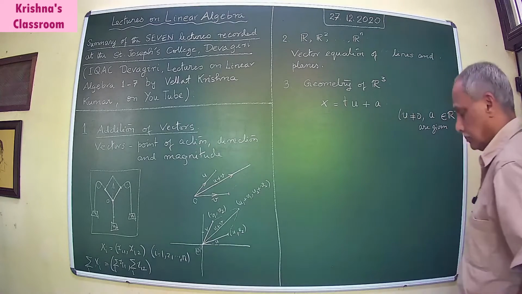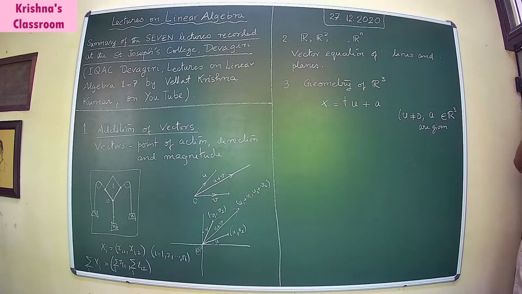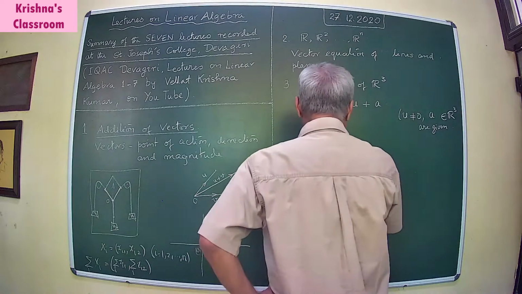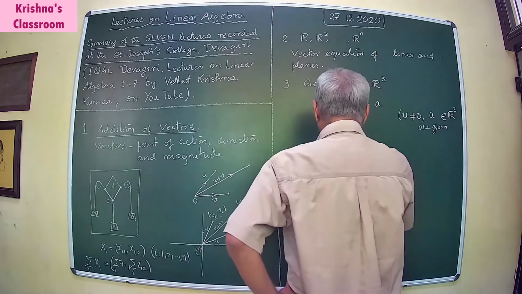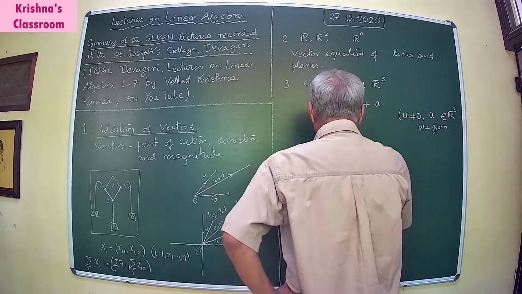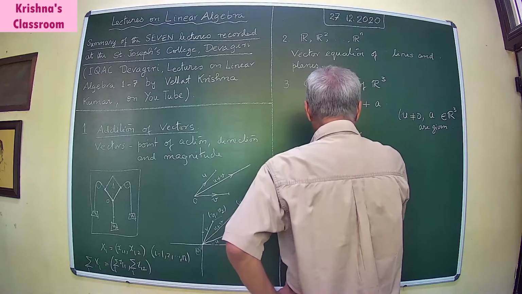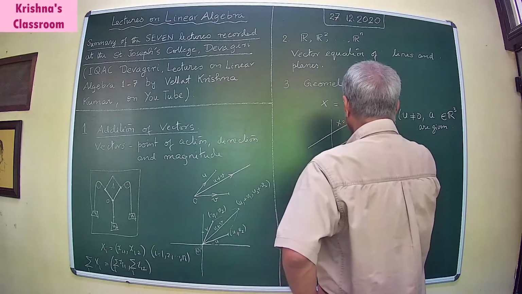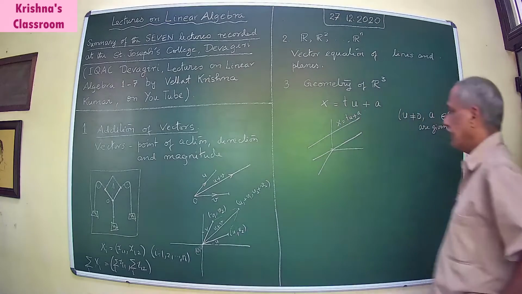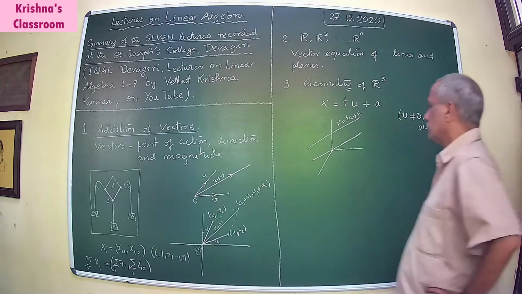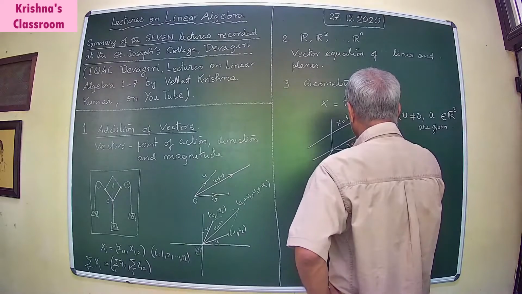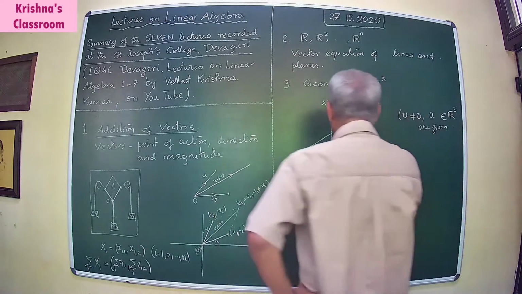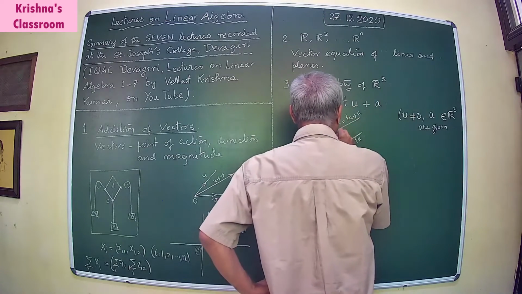In fact, given a line x equal to tu plus a, there is a line parallel to it given by x equal to tu plus b, and this is essentially conceived as a parallel translate along the vector.